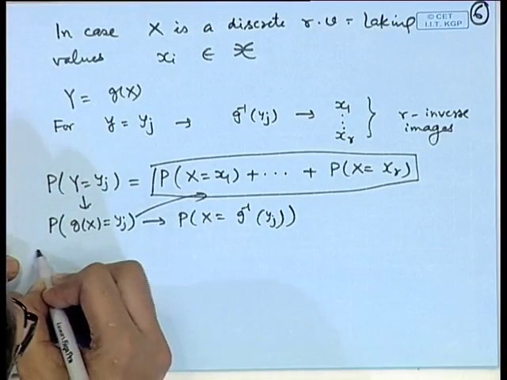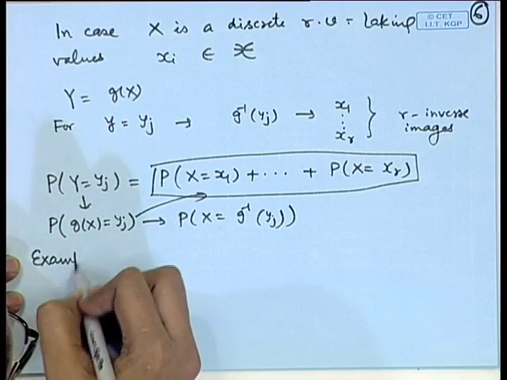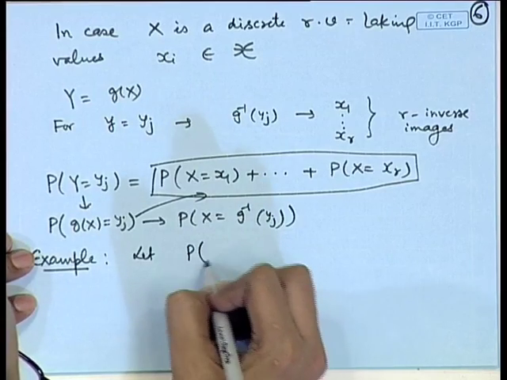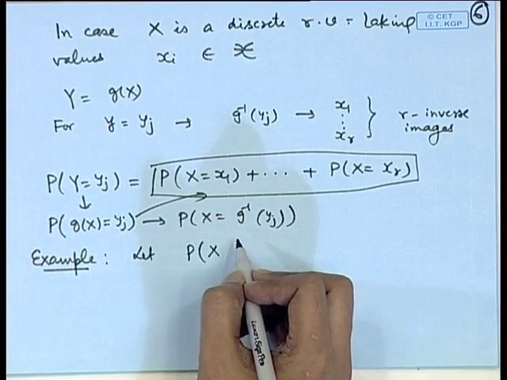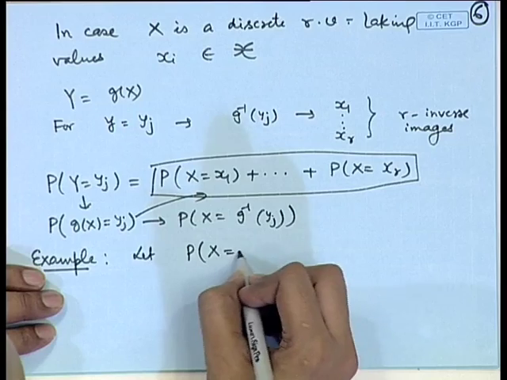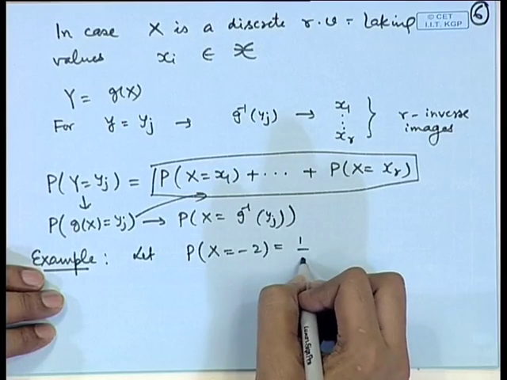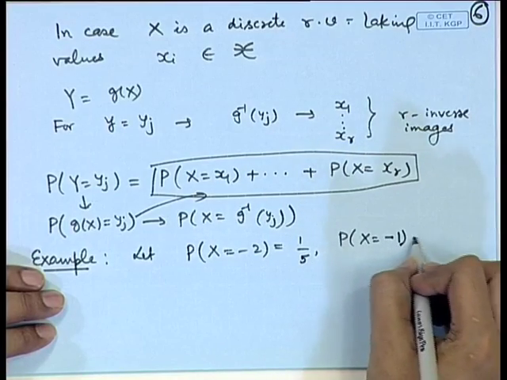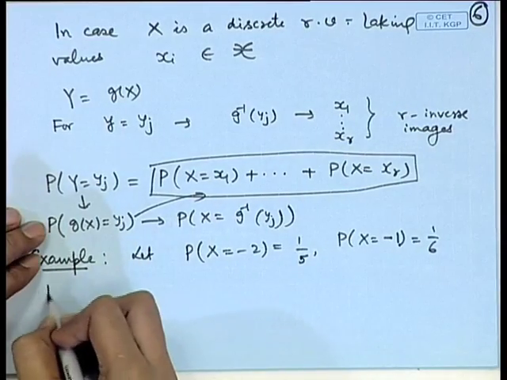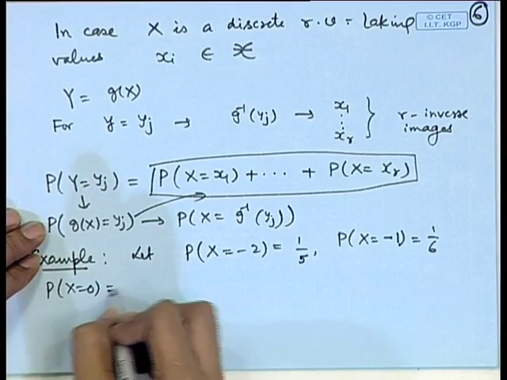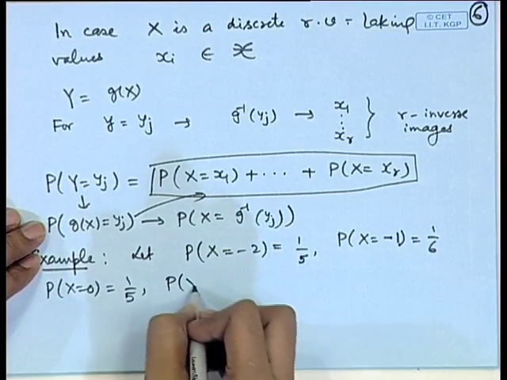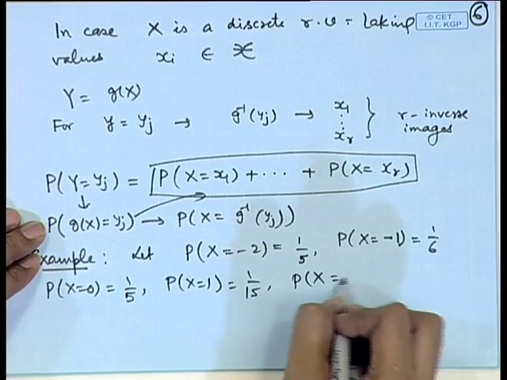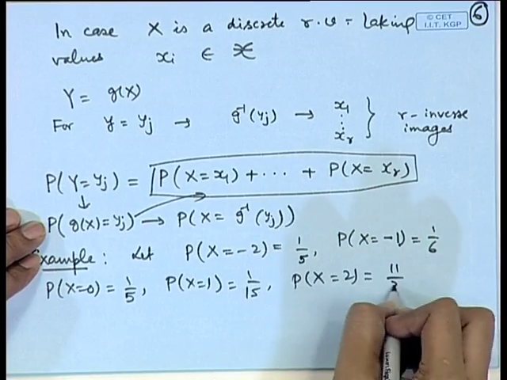So, as an example, consider probability x = minus 2 is equal to 1 by 5, probability x = minus 1 is equal to, say, 1 by 6, probability x = 0 is 1 by 5, probability x = 1 is, say, 1 by 15, and probability x = 2 is, say, 11 by 30.